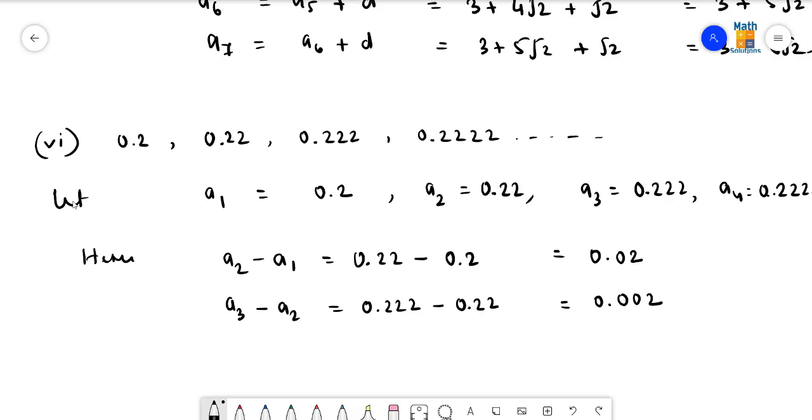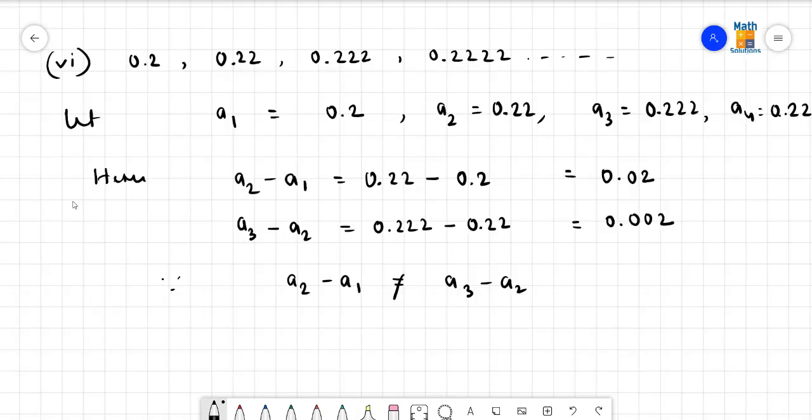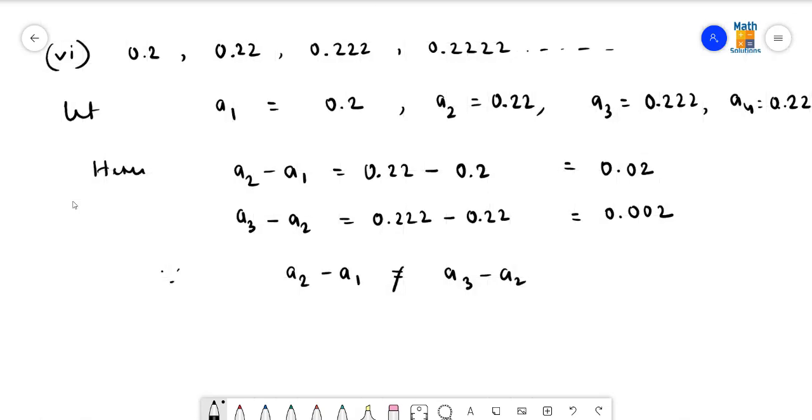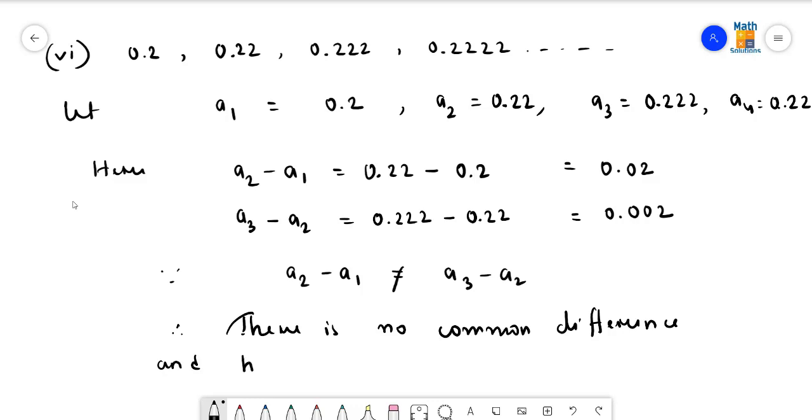Very clearly these two values are not same. Means since A2 minus A1 is not equal to A3 minus A2, therefore there is no common difference, and hence the terms are not in AP.